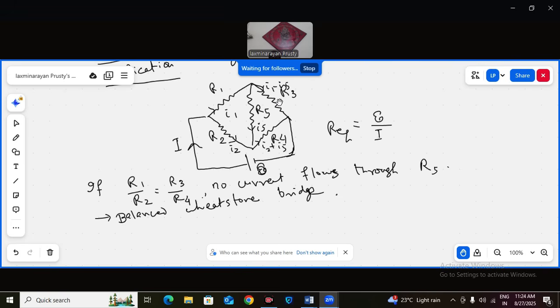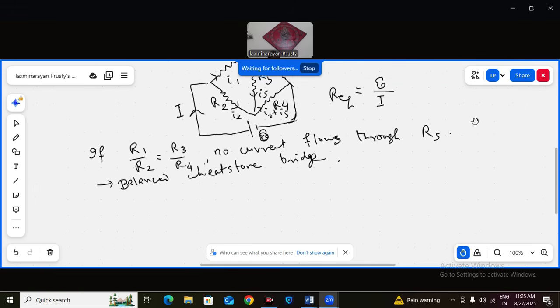That means R1, R2 will be in series, R3, R4 will be in series, and both these upper and lower branches will be in parallel very easily. Or you can say, since there is no potential difference across this, R1, R3 in parallel, R2, R4 in parallel, and both these parallel branches effectively will be in series with each other. Yes or no? Either way you will get the correct answer. But it's simple. I'm not going to discuss that.